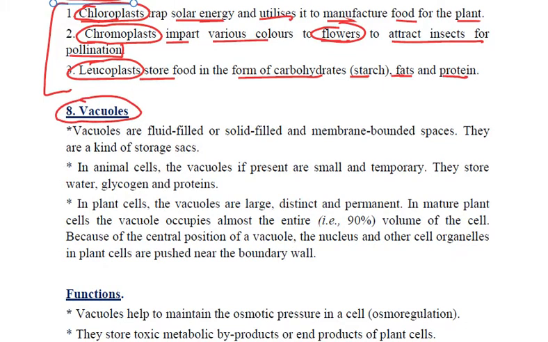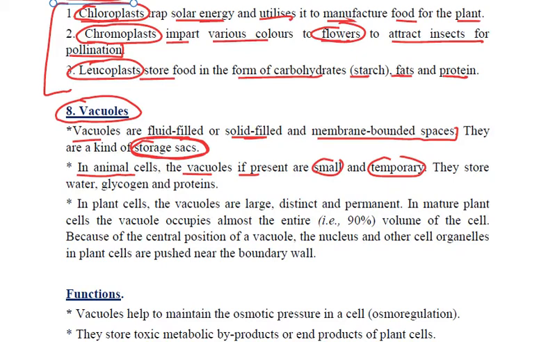Now what are vacuoles? Vacuoles are the fluid filled or solid filled and membrane bounded spaces. They are actually a kind of storage sacs. Now very importantly, in animal cells, the vacuoles, if present, are small and temporary, in which they store water, glycogen and proteins.